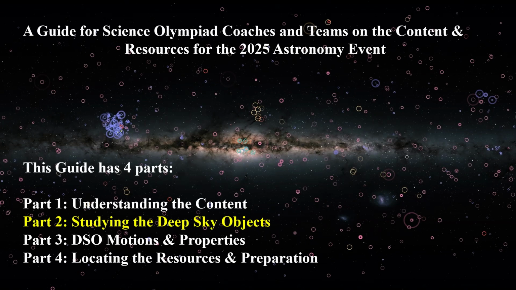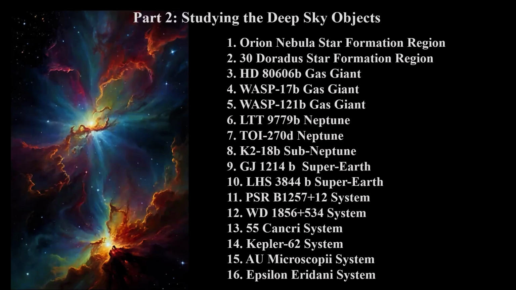We are now going to move on to part 2, which is everybody's favorite, understanding and studying the deep sky objects themselves. Part 2 summarizes the deep sky objects for the 2025 tournament year. A lot of time and energy and other factors go into the decision for the deep sky objects each year.